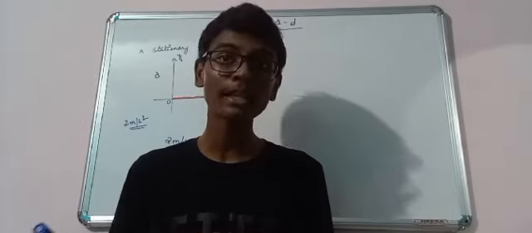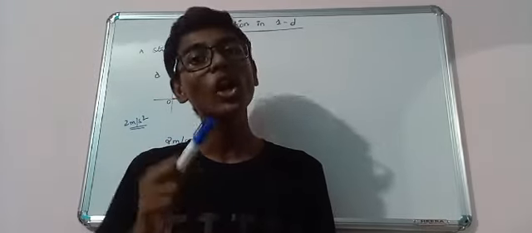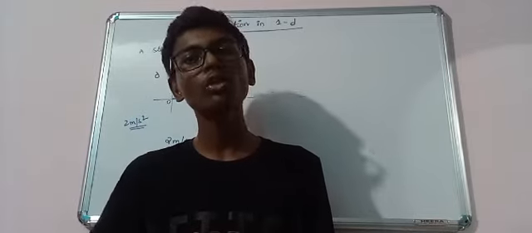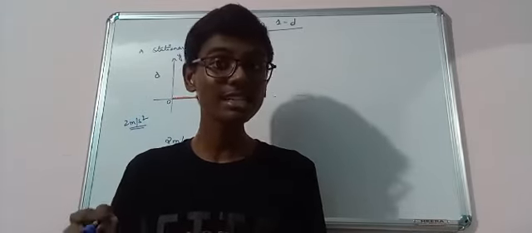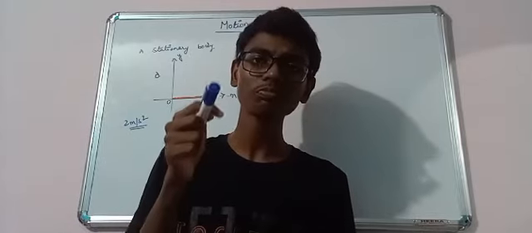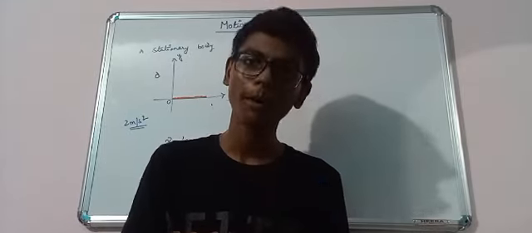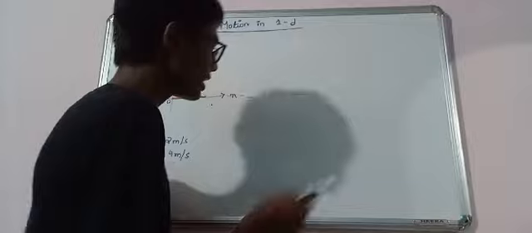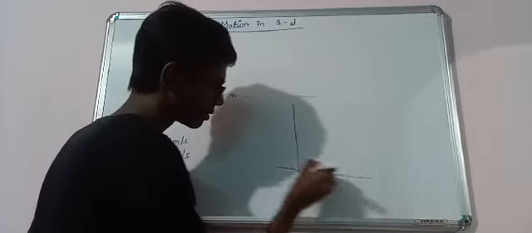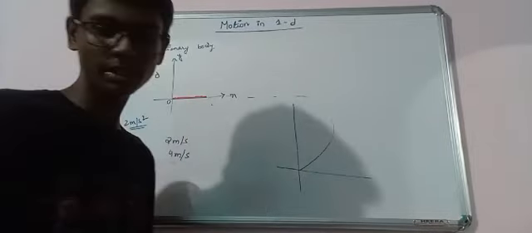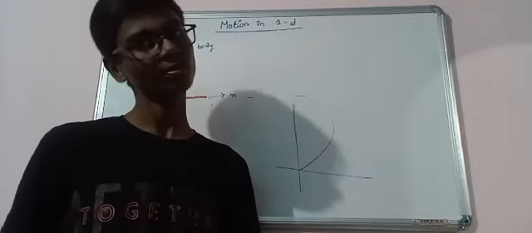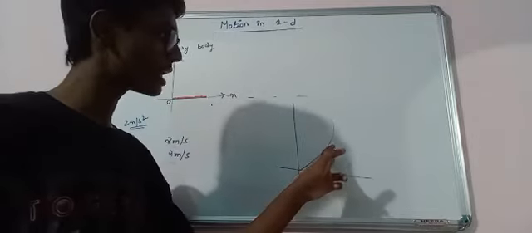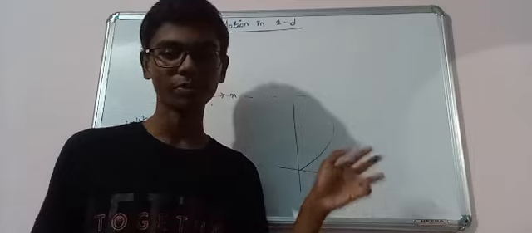The displacement covered earlier will not be equal to the displacement covered now, since acceleration is applied to the body. So the displacement-time graph is like this. This shows that displacement is not equal.